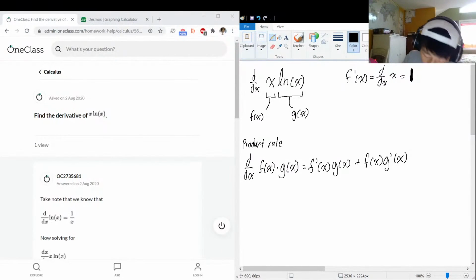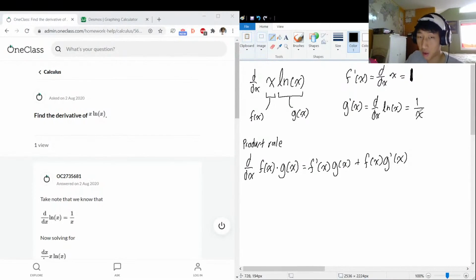Okay, now what about the derivative of g of x, which is d over dx of a natural logarithm of x? This is 1 divided by x. And this is an important derivative that you definitely need to know, because you will see this a lot.